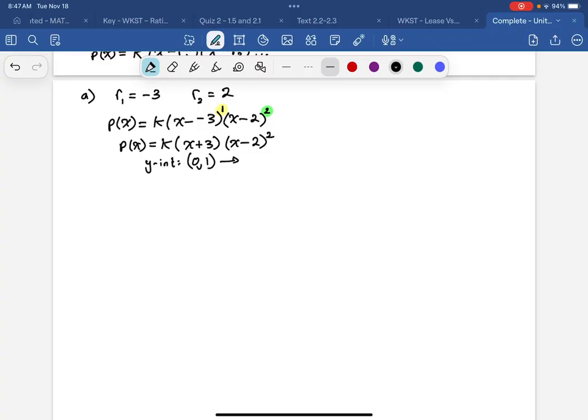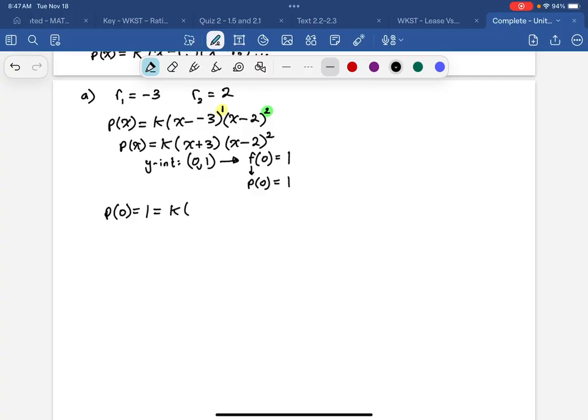The definition of a y-intercept is that f of 0 is equal to the y-intercept. So f of 0 in this case is equal to 1. But we're using p, so p of 0 is equal to 1. If I figure out p of 0, replacing every x with a 0, that should be equal to 1.